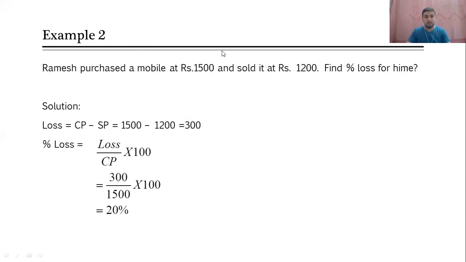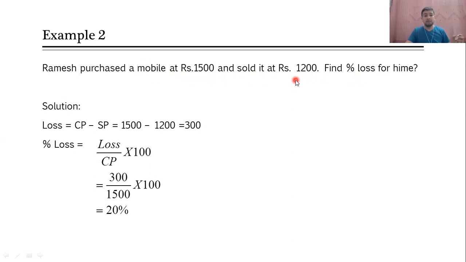Now another example. Ramesh purchased a mobile at rupees 1500 and sold it at rupees 1200. So what is cost price here? 1500. What is selling price? Sold it at rupees 1200. Now which is more? Cost price is more as compared to selling price.